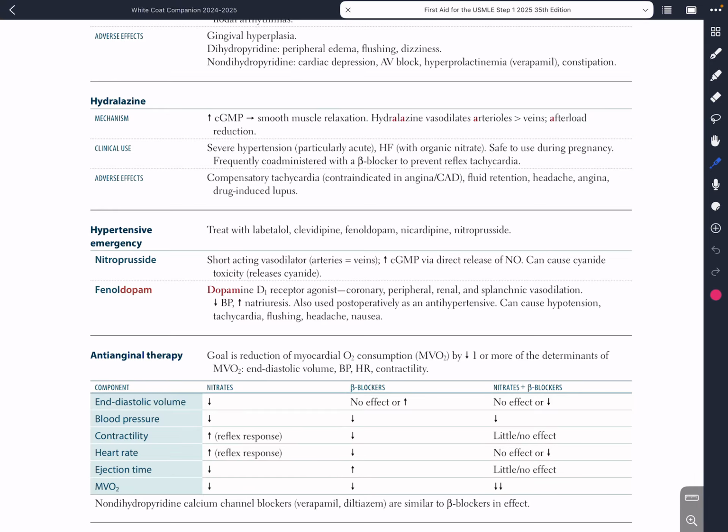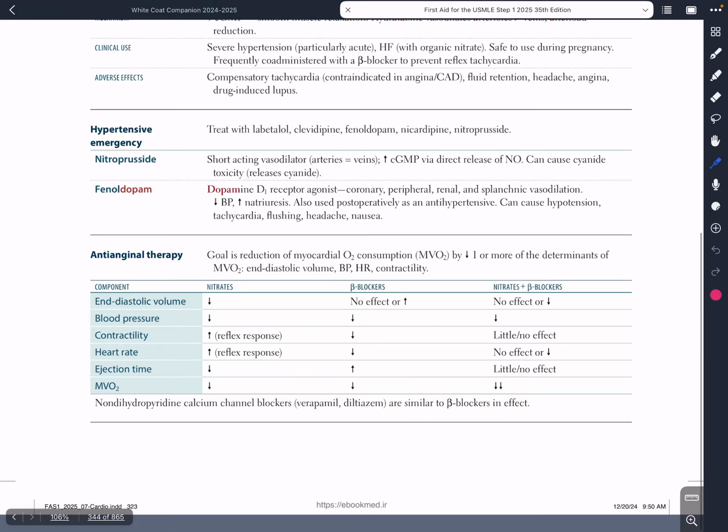Hypertensive emergency. Now, hypertensive emergency is a condition where you almost always see end organ damage. And hypertensive emergency is treated with labetalol, clevidipine, fenoldopam, nicardipine, nitroprusside.